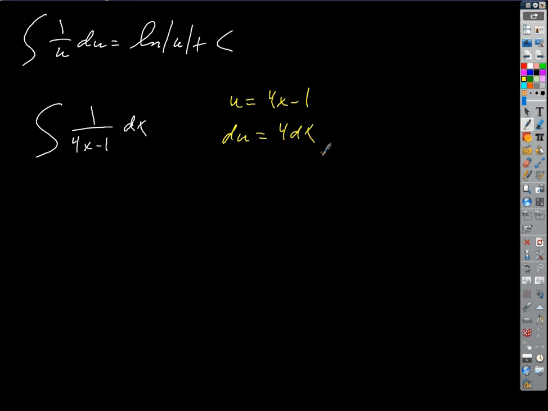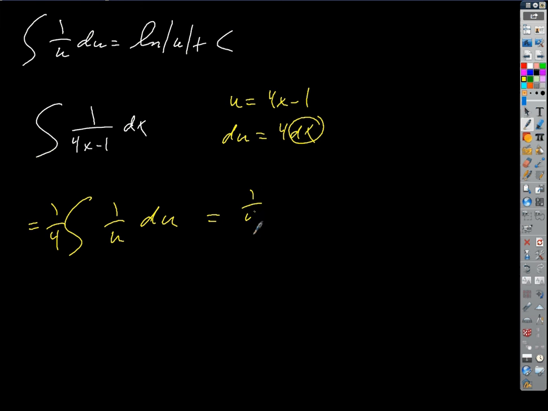Okay, so when we make our substitution, let's see what we get. We get a 1 over u times, what's dx going to be if I solve for dx in terms of u's? du over 4, good. And we'll go ahead and pull the 1/4 out front, right? And then now we got our standard form, right?